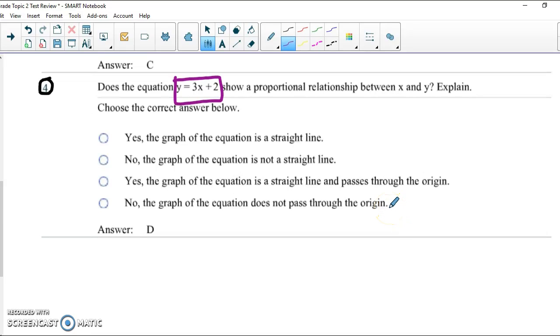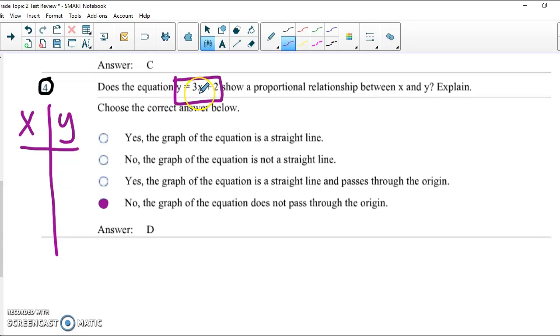So let's talk about how we can tell. If you want the shortcut version, anytime we are adding a number like this plus 2 to our x term, we automatically know this is not going to go through the origin. It's going to go through the y-intercept at positive 2 instead of at 0. But if I'm not sure, let's set up an x, y table.